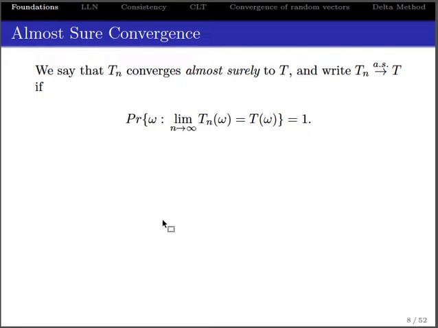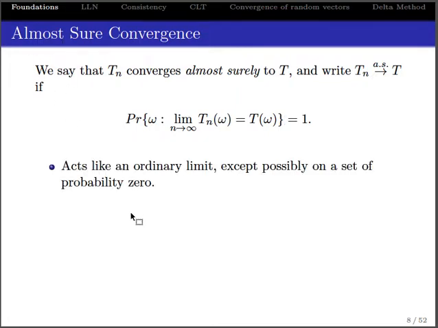That is, if the probability of the set of omega such that the limit of Tn is equal to T, thinking of each omega as a fixed element right now, like a fixed quantity, if the probability of that set of omega equals 1, then we'll say that Tn converges almost surely to T.